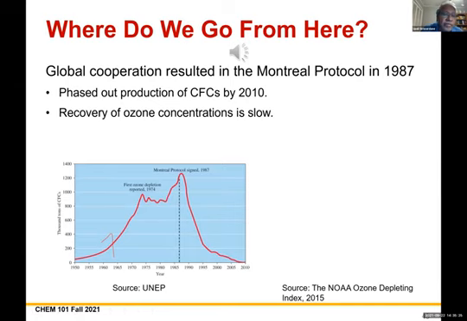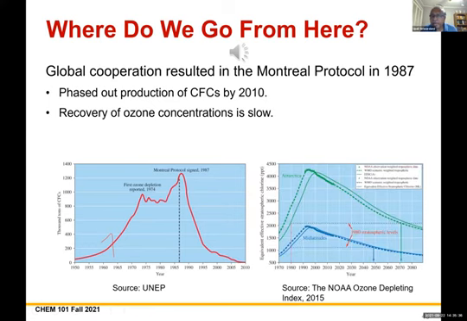Thousands of CFCs. The CFCs are banned here. It steadily decreases. But it takes a long time.